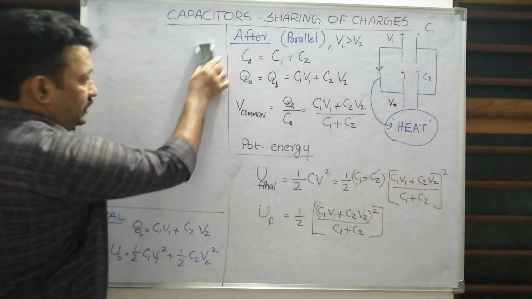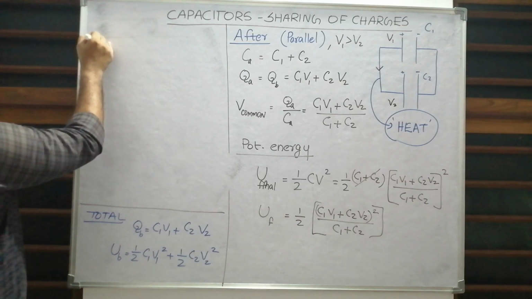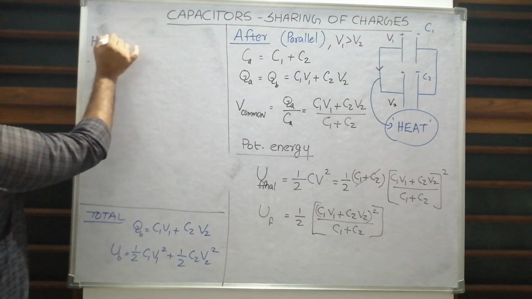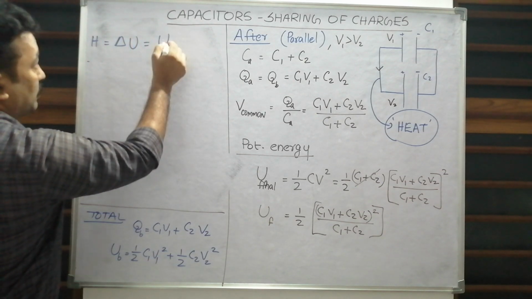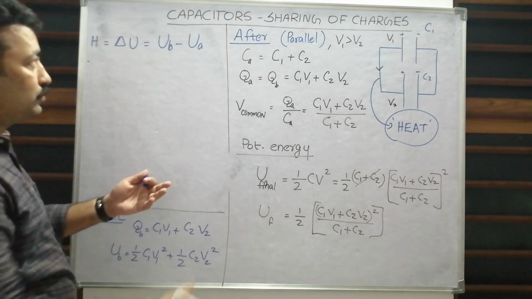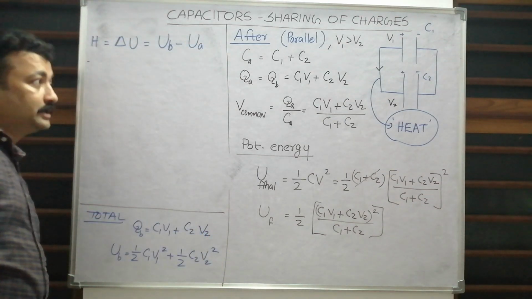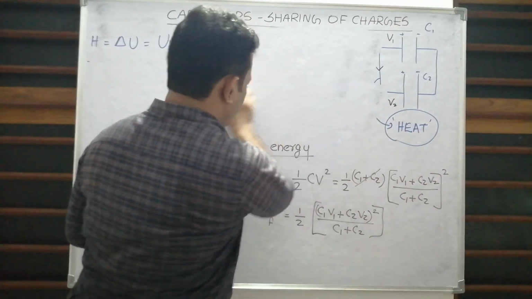The heat produced is equal to delta U, that is U before minus U after, or U final. So let us substitute the expressions and try to rearrange.